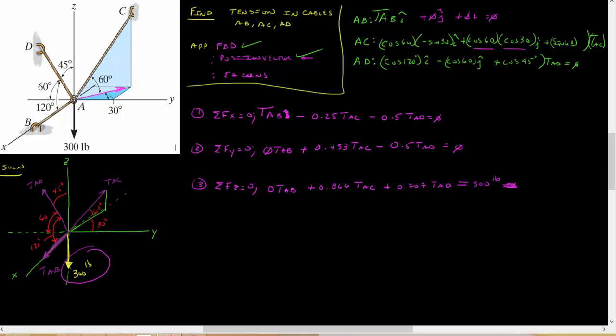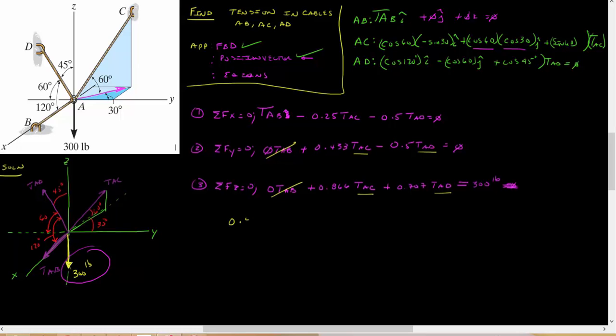So now I can solve for my tensions in some of the cables. I could do a 3 by 3 matrix, but I can also say, well, that's gone and that's gone. So I could solve for TAC and TAD by using a 2 by 2 matrix. So I'm going to set that up.